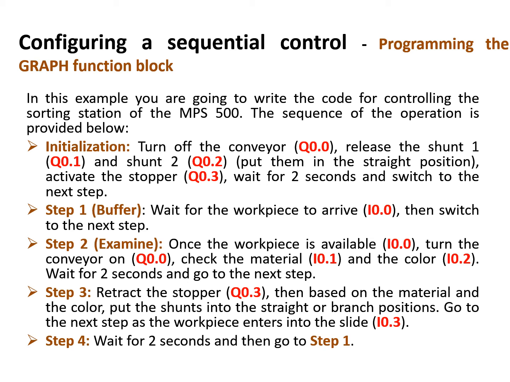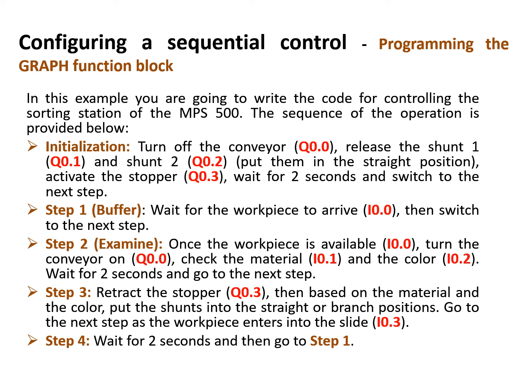Step 2. Examine. Once the workpiece is available, turn the conveyor on. Check the material. Okay, how could we check the material? This is the proximity sensor and the color sensor. The proximity sensor could only sense metallic parts.